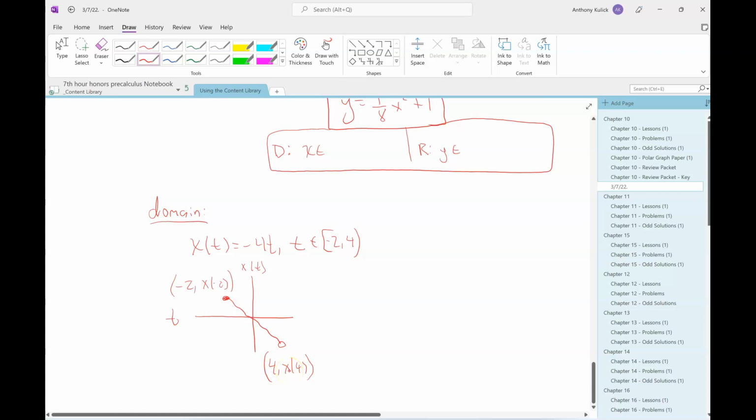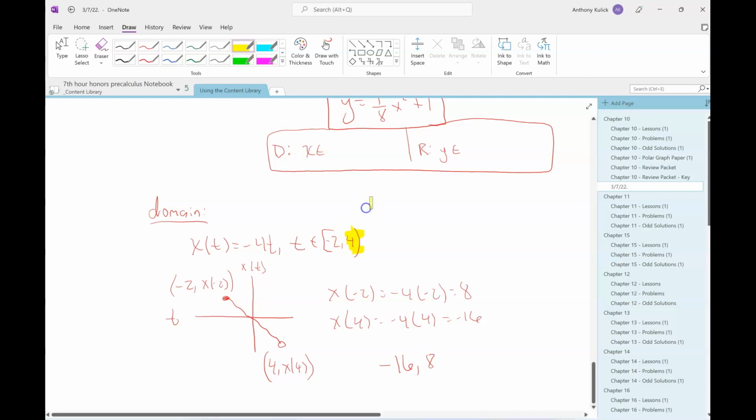The range is just going to go from the minimum to the maximum, or from the low point to the high point, right? When I say min and max, that's what I'm talking about. So I have this. So we're going to go from negative 16 to 8.